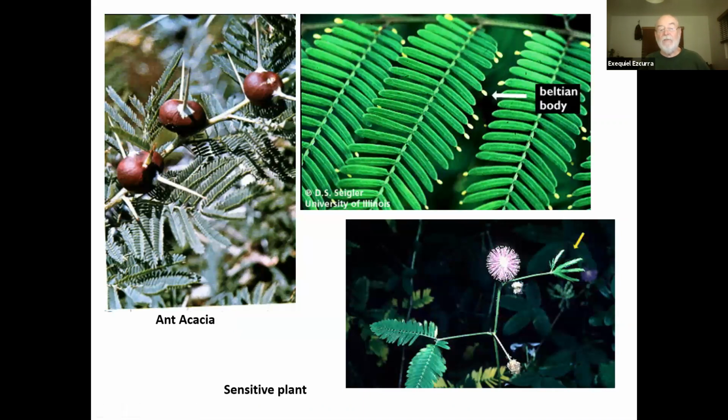In the acacias, very often the stipules of the leaves are transformed into spines, and some acacias have a beautiful example of coevolution. The stipular spines become enlarged and provide shelter for ants that live inside the enlarged spines.